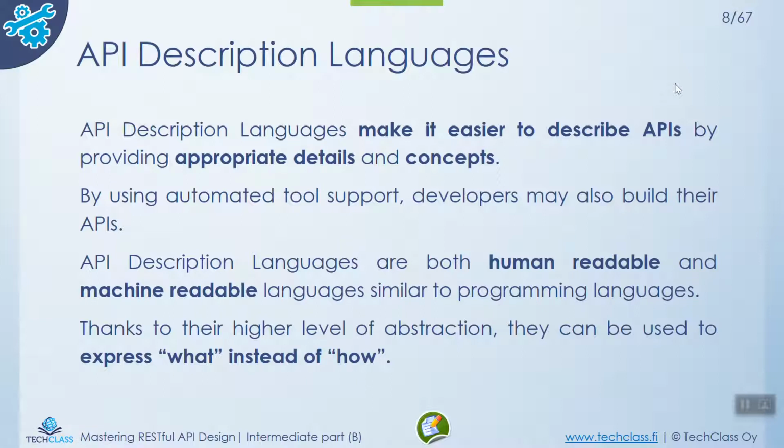All right, now let's get familiar with API description languages. It's their job to make it easier to describe APIs. When you're creating your project, you have to somehow provide appropriate details and concepts about your API, about the resources, about the endpoints, about the actions, and different kinds of operations that you're doing with your resources.